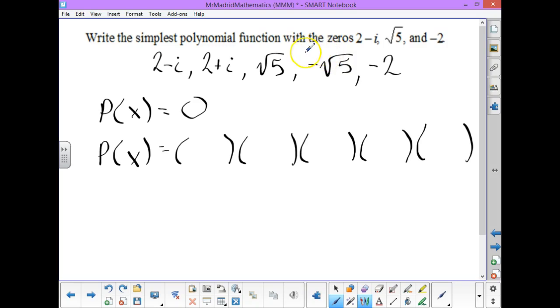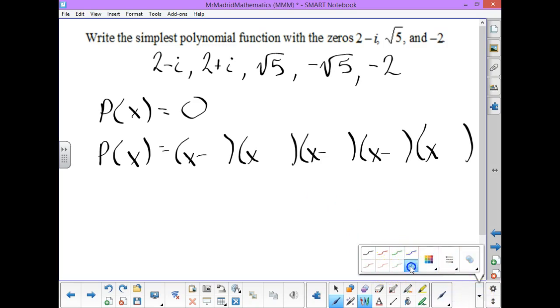I've got essentially 5 roots or zeros, so I'm going to create 5 of these. And now I'm going to insert here. Because we've got a lot to work with, I guess I can go with a different color. 2 minus i.